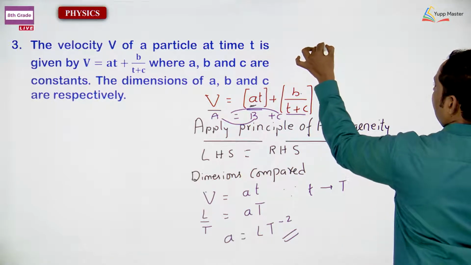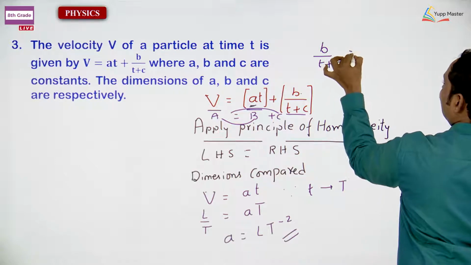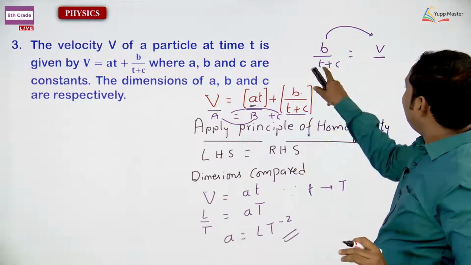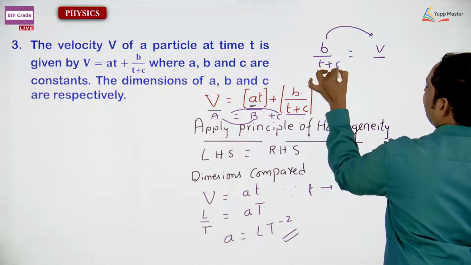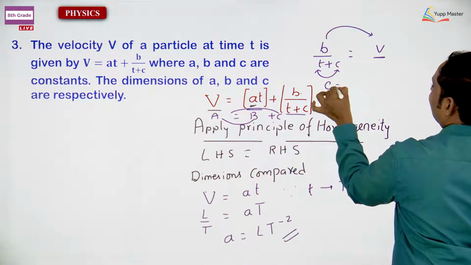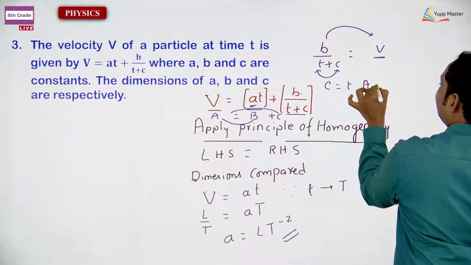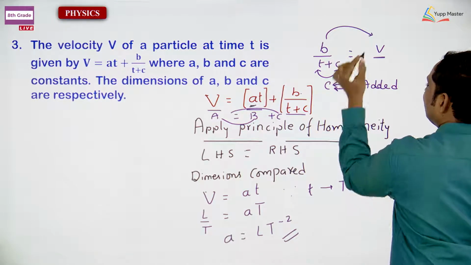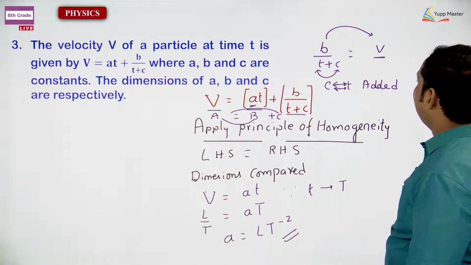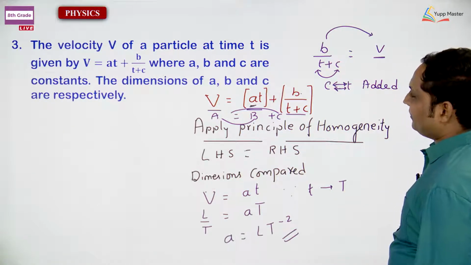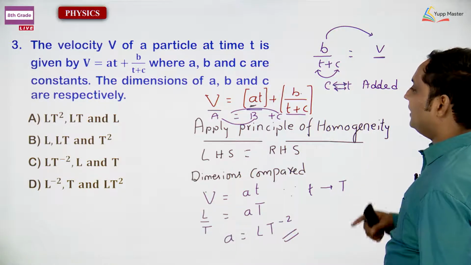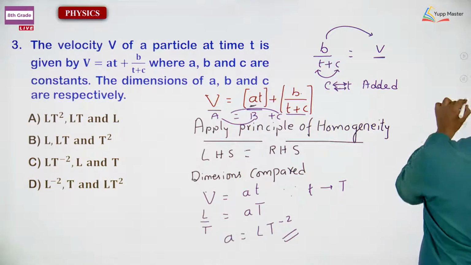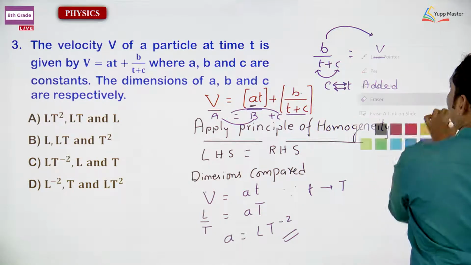If you take B by T plus C, they are comparable with V. C is added to T, so C is equal to T. C and T have the same nature, so they can be added. A is LT minus 1 and C is T.